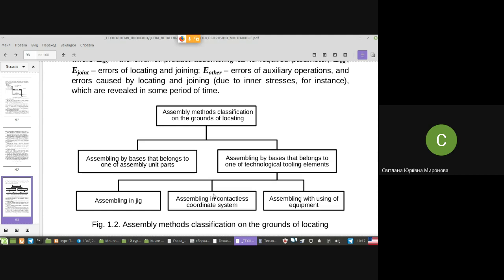What do we understand as assembling in a contactless coordinate system? It's what I already said about optical systems and lasers before the appearance of computers. What do we understand as assembling using equipment? Assembling using coordinate measuring machines.